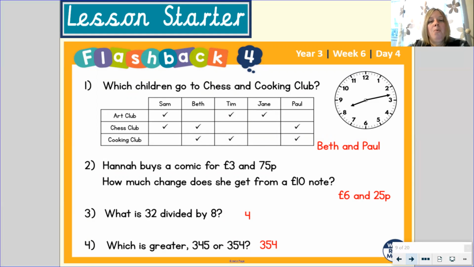Question 1. Which children go to chess and cooking club? So, if I read across the table, I'm looking to see which children go to chess club and which children go to cooking club. So I'm looking for children that have ticks in both of these boxes.